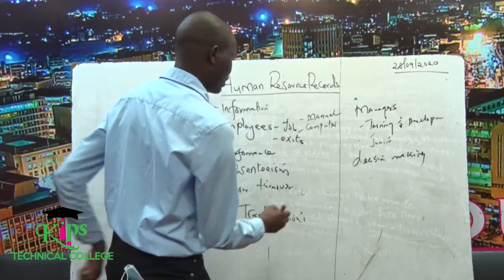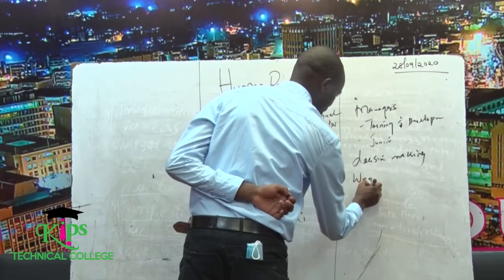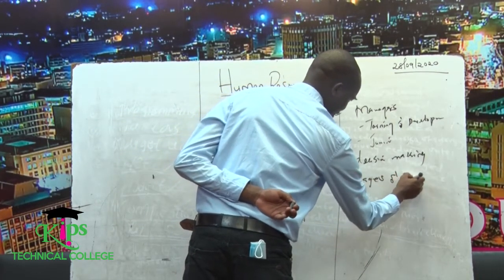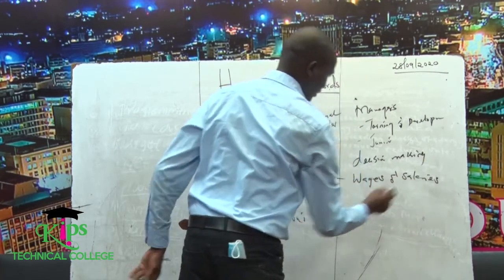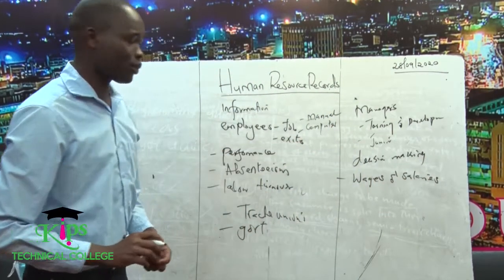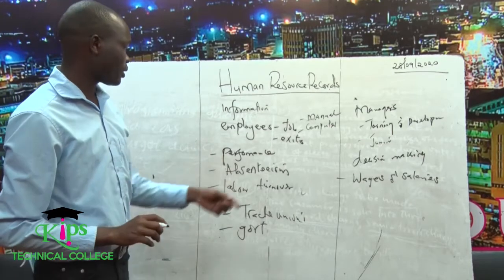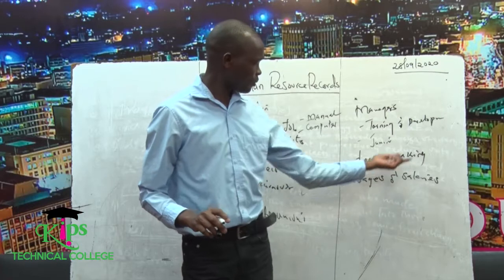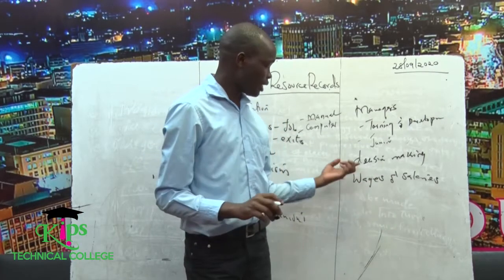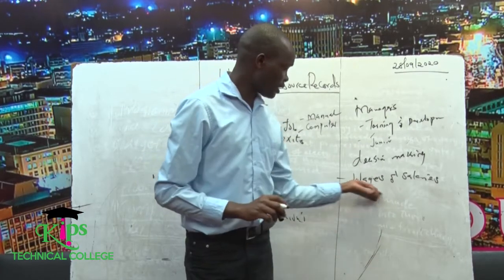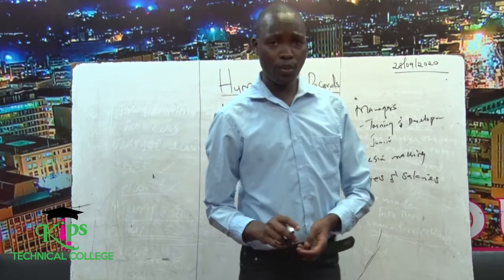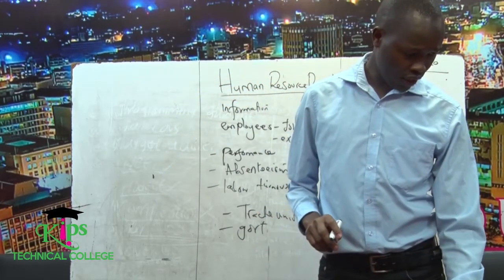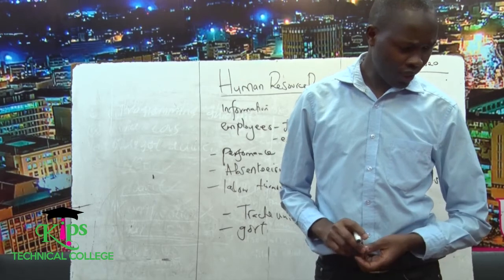We can still talk about administration of wages and salaries. The contract that an employee is always having contains what this person is supposed to receive. So it is one of the records that will be used in generating the payroll of the employees in an organization.